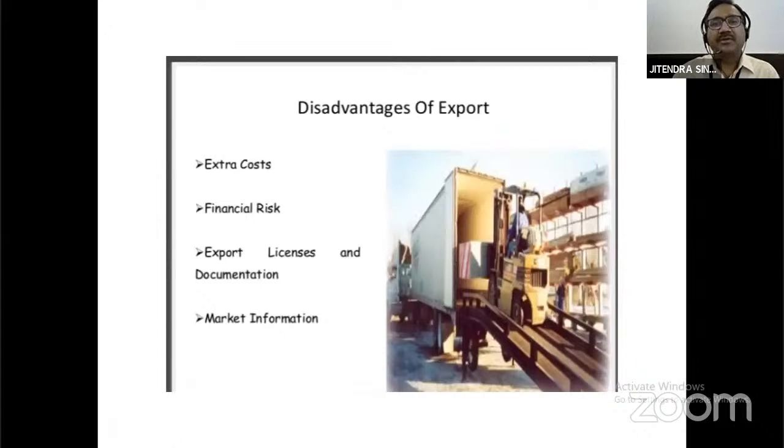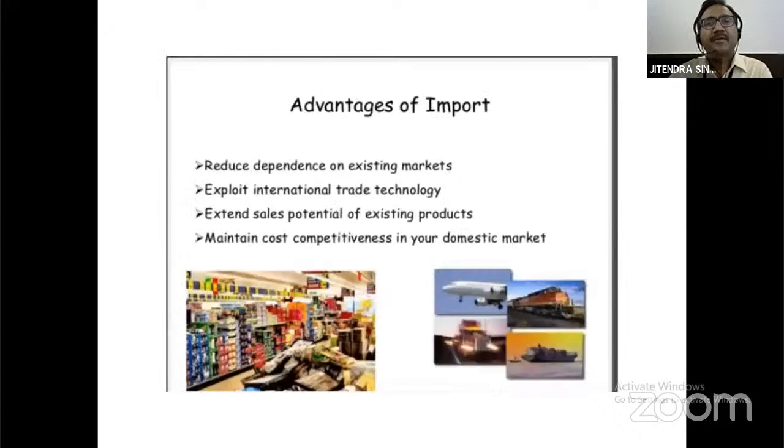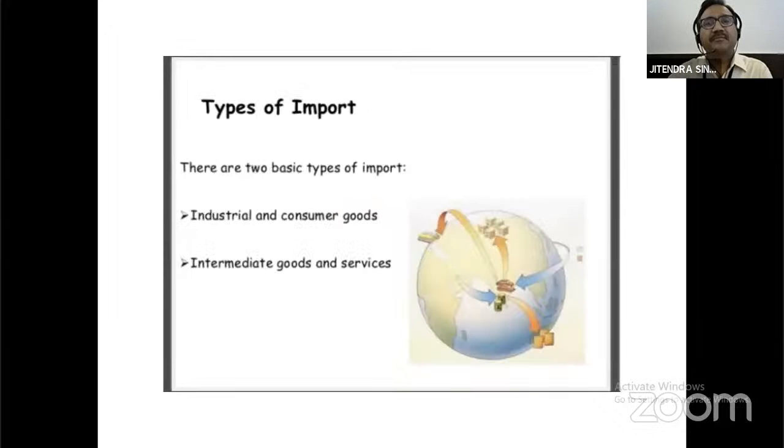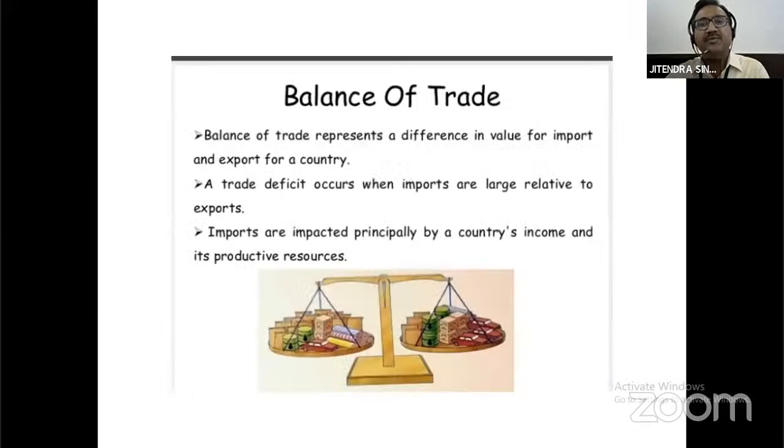Now come to the advantages and disadvantages of export. Before starting the advantages and disadvantages of export, we will discuss what is balance of trade and balance of payment. Balance of trade is a term generally used for the value of goods and consignments transferred from one country to another.